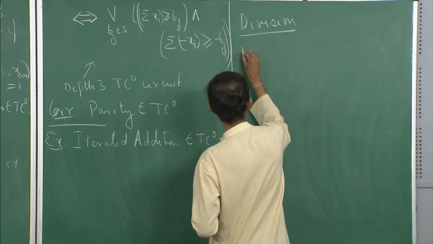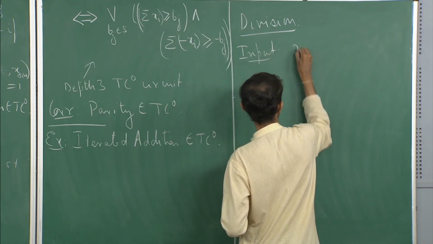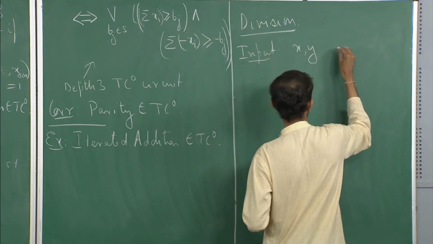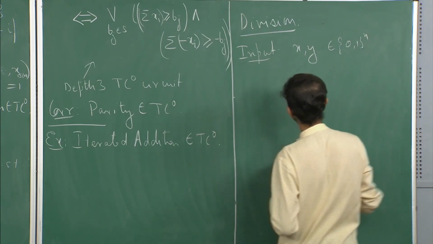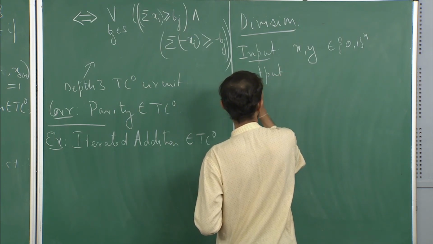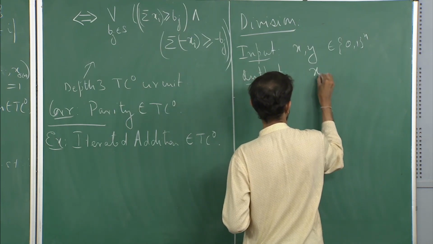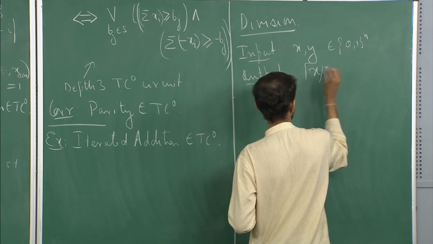So the problem is we have input some x and y. Assume they are some n bit numbers, and what we want to output is, let's say, the ceiling of this.